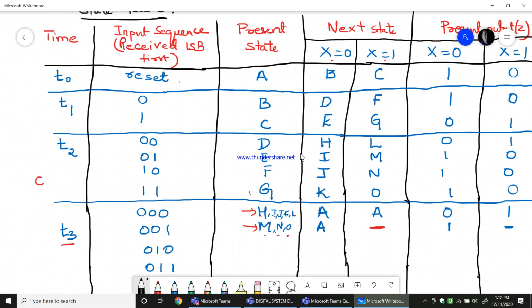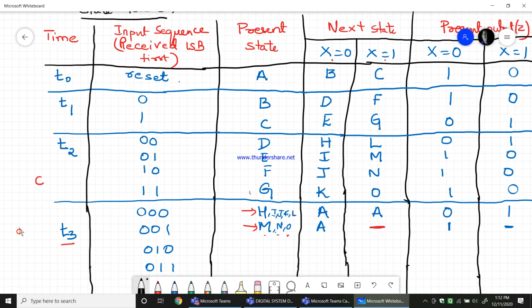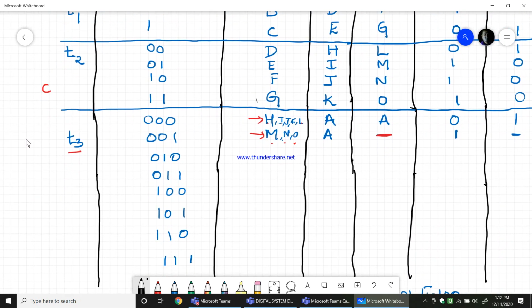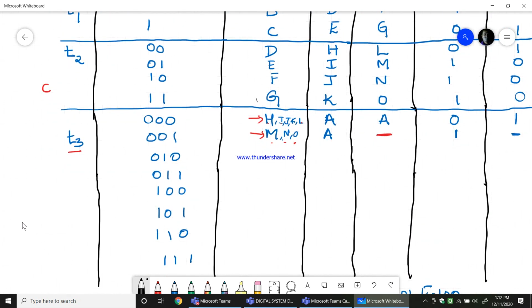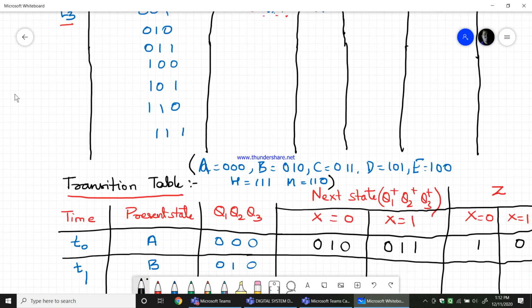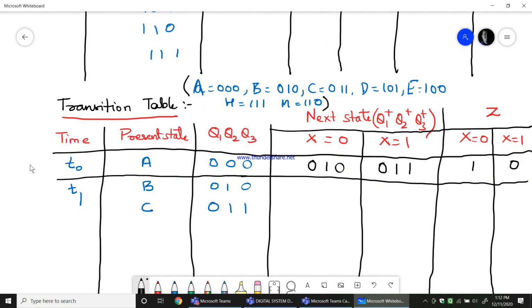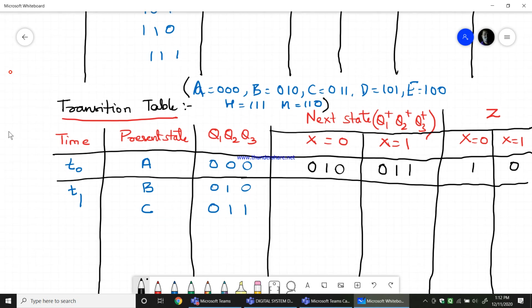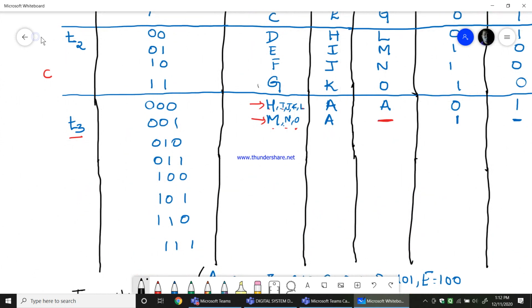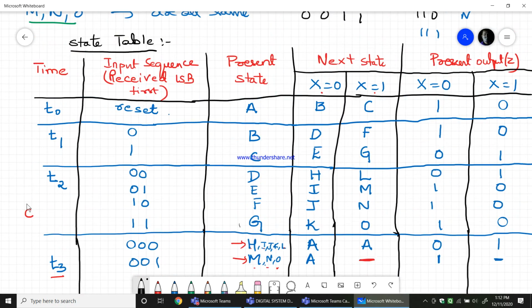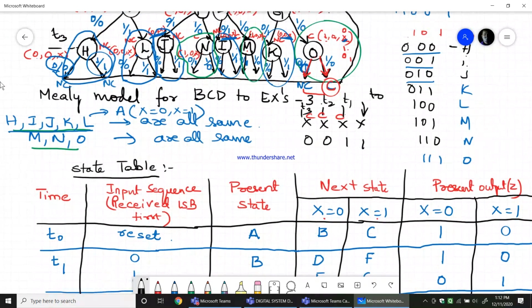See, when B and C are there, we have D, F and E, G, right? D, F and E, G. So we'll go back and see in the state table. Further we can try to do something else with this table now.